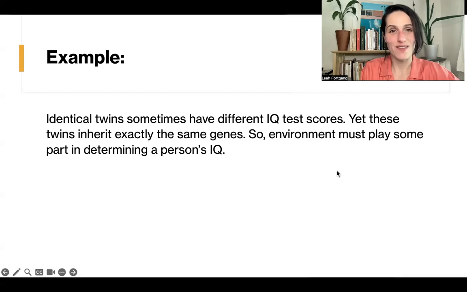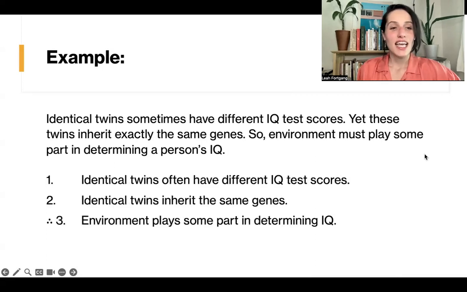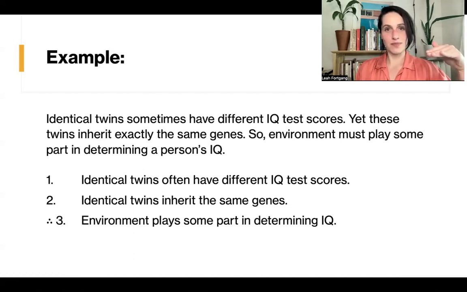How would we write that out? If you remember, I was saying we have those lists of reasons, the premises, listed above the conclusion. The conclusion to this argument is that the environment must play some part in determining our IQ. What are the reasons for this?